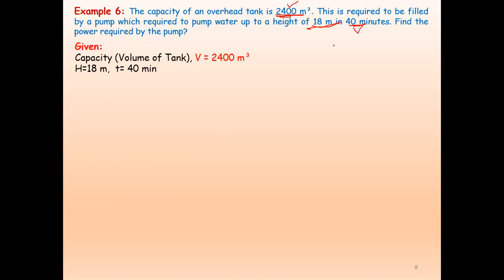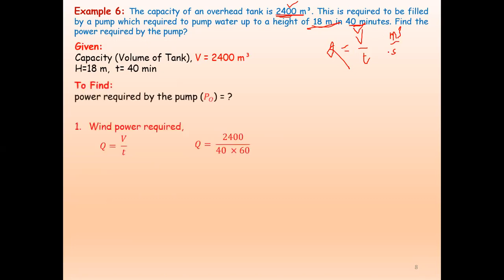So we know that Q is equals to volume upon time, V by T. So V is in meter cube, time should be in second. So Q is equals to V by T, it is 2400 divided by 40 into 60. So we get the value of Q, that is 1 meter cube per second.